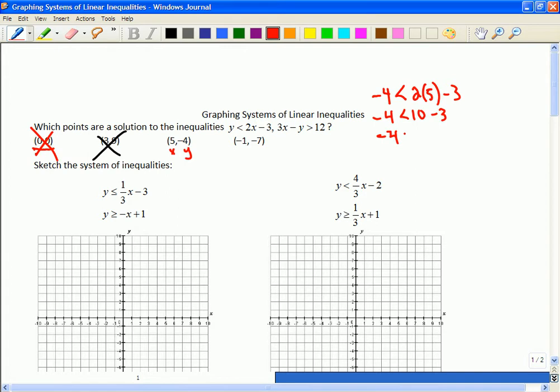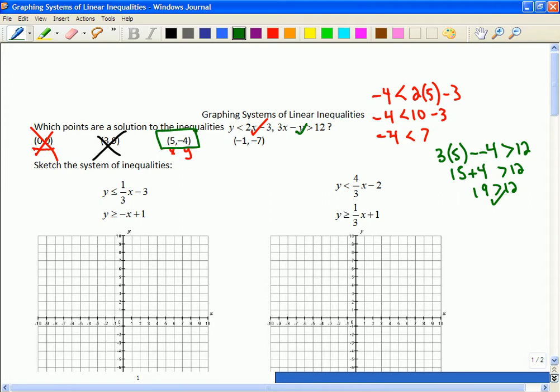Is negative 4 less than 7? So it works in the first equation, but that's not good enough. That's a start. So we've got to try again now with the second equation. So 3 times 5 minus negative 4, is that greater than 12? So 15 plus 4, is that greater than 12? Yep, it sure is. It works on both. That is a possible solution.